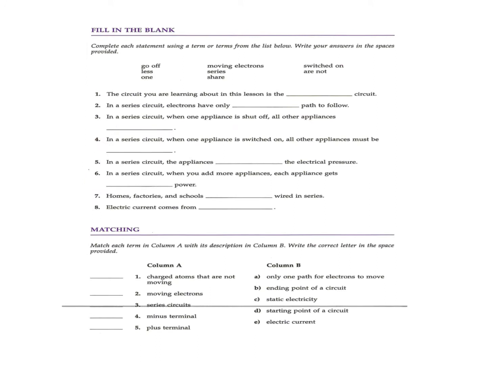So this is fill in the blanks. The circuit you're learning about here is a series circuit. In a series circuit, electrons have only one path to follow. In a series circuit, when one appliance is off, all other appliances will go off.